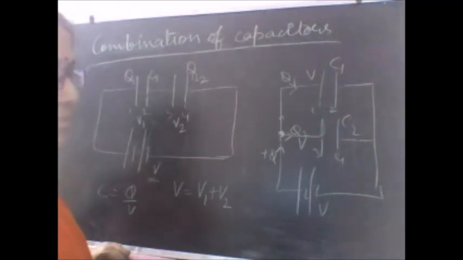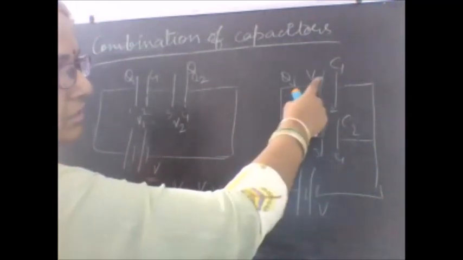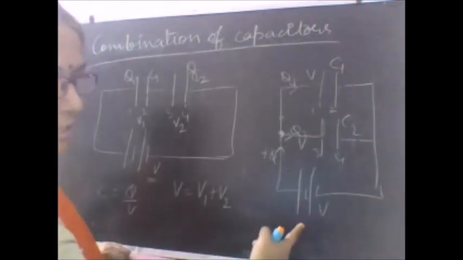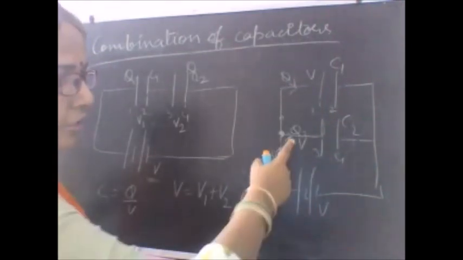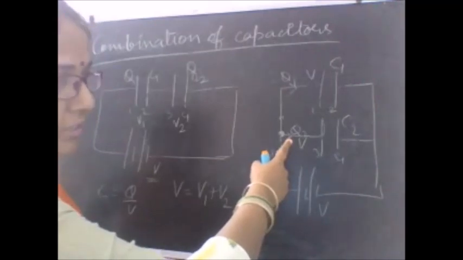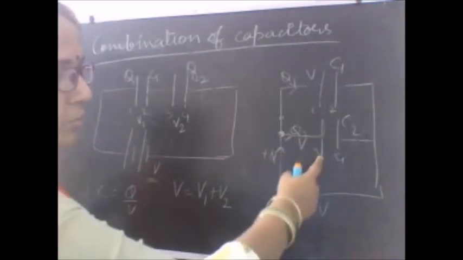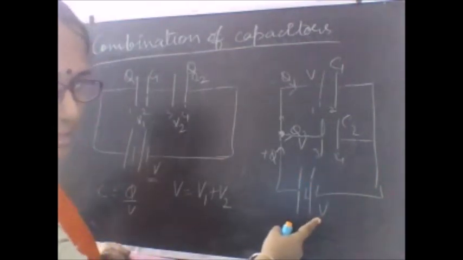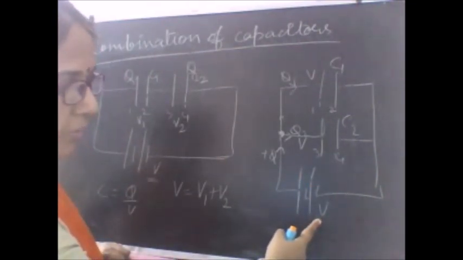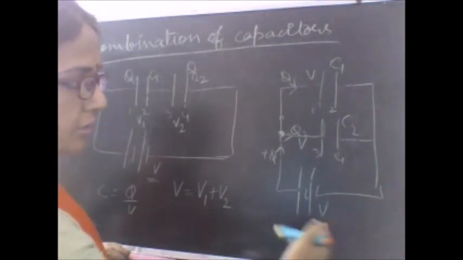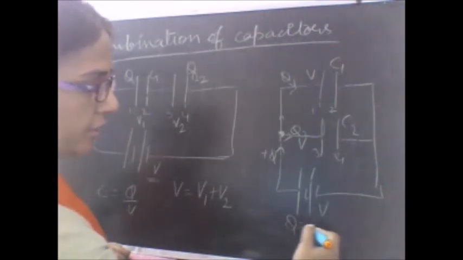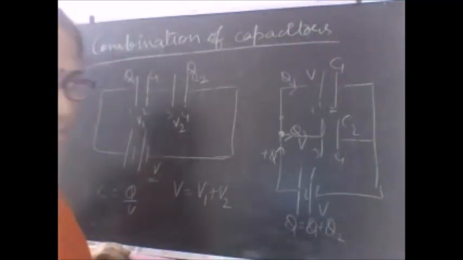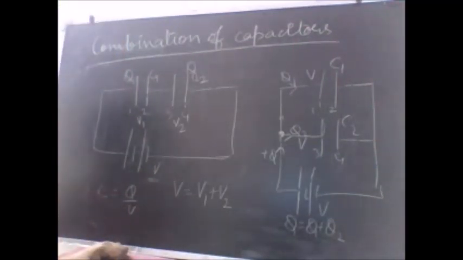Charging will take place until the potential of this capacitor C1 becomes V. Here too, the charging of Q2 takes place such that the potential across this becomes same as the potential offered by the battery. So here the basic equation that I am going to start with is Q is equal to Q1 plus Q2.